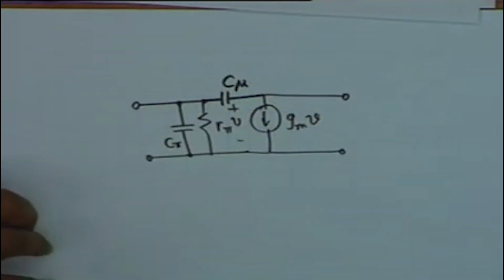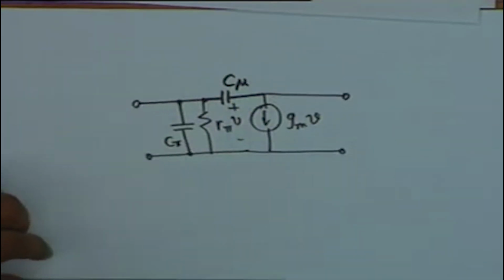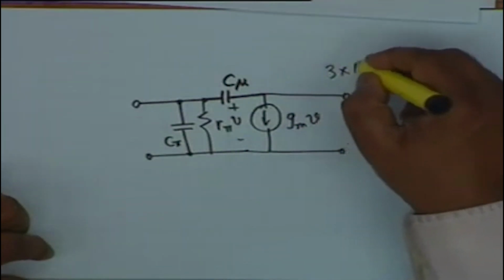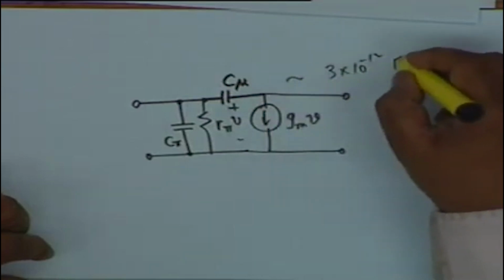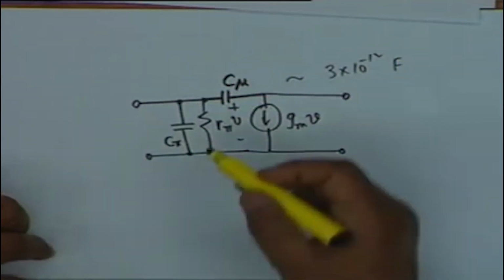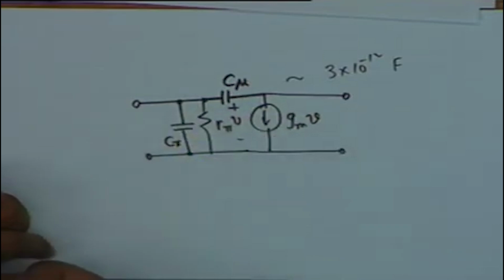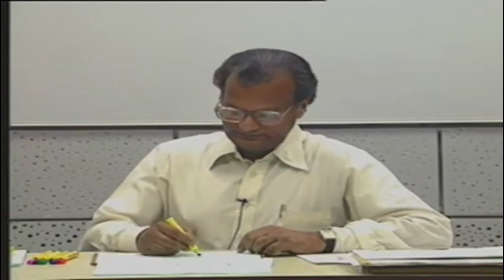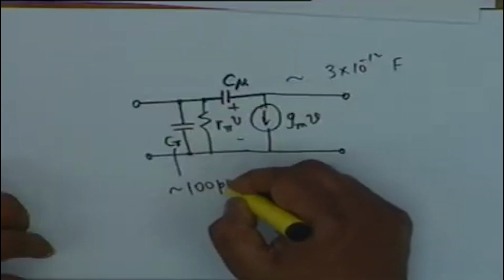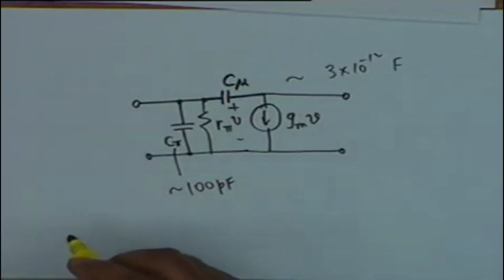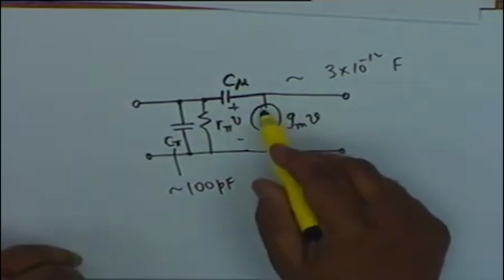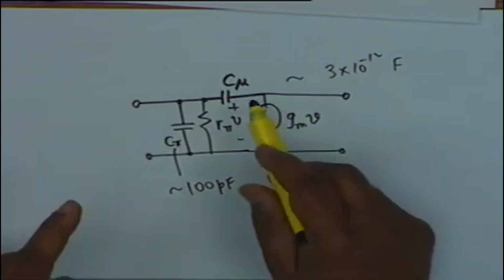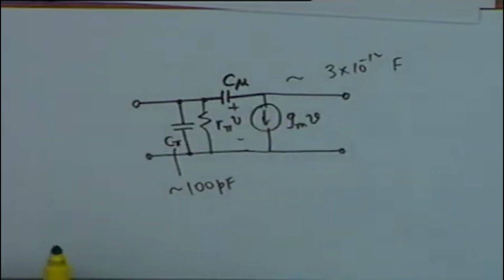is usually a very small capacitor of the order of 3 picofarads, that is 3 times 10 to the minus 12 farad. C pi is of the order of 100 picofarads, about 30 to 40 times larger. Even then, because of this voltage controlled current source, C mu can cause havoc.